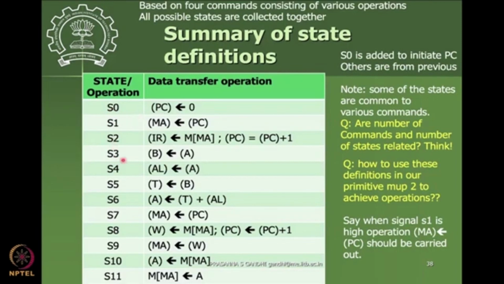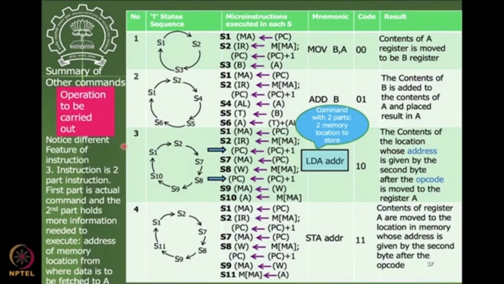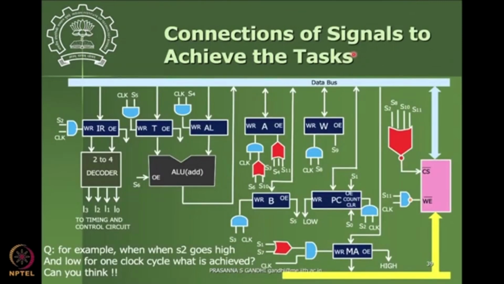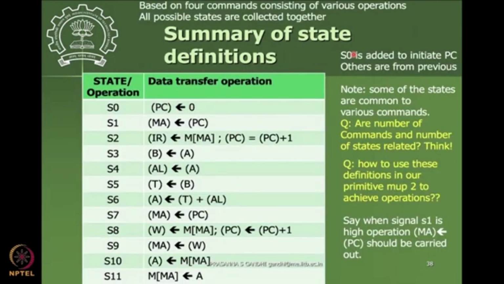Then S3 will be done only when the command issued has a particular format, that is, a command having code 00. So we start drawing this state diagram from here: S0 to S1 to S2 are the same states, and then I'll go to S3 only when IR is equal to something.